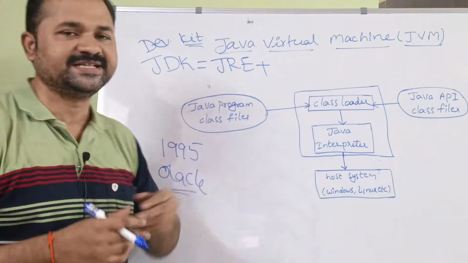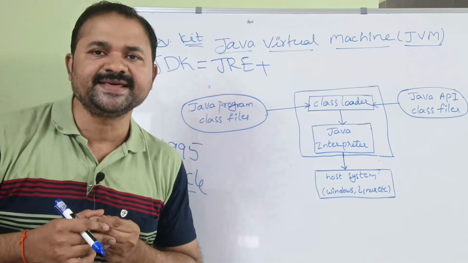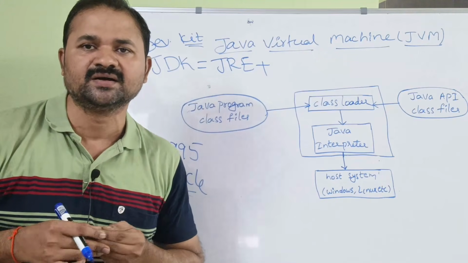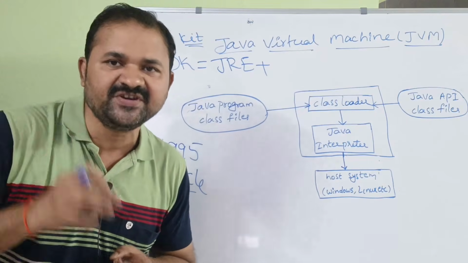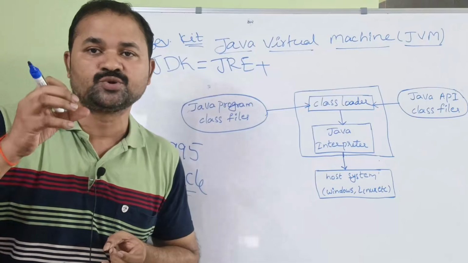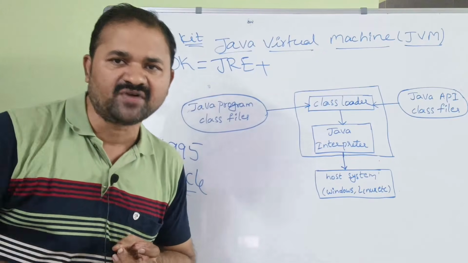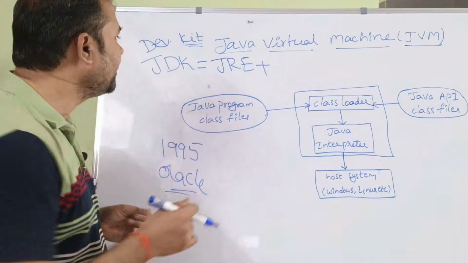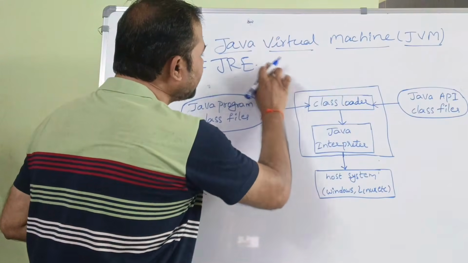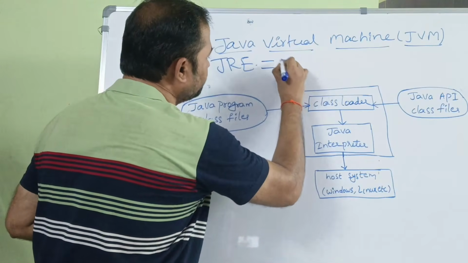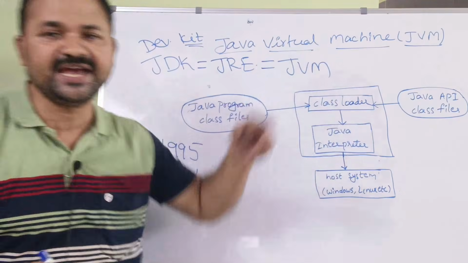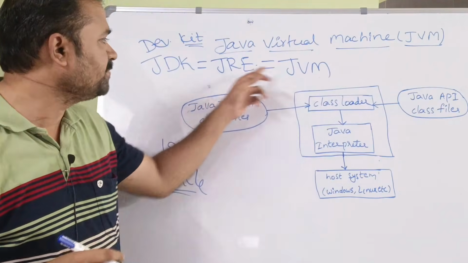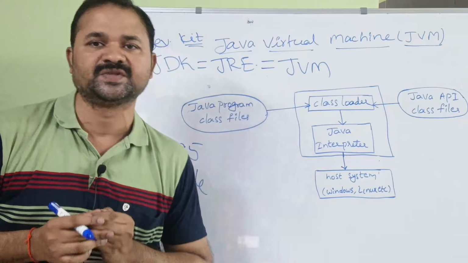Let's see about JRE. JRE stands for Java Runtime Environment, which provides an environment in order to run our Java applications. JRE mainly contains JVM. So now we are focusing on JVM.